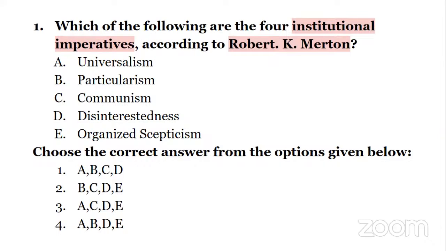You have to find which one is that. The options are universalism, particularism, communism, disinterestedness, and organized skepticism. You have to find which four of these are the institutional imperatives proposed by R.K. Merton.